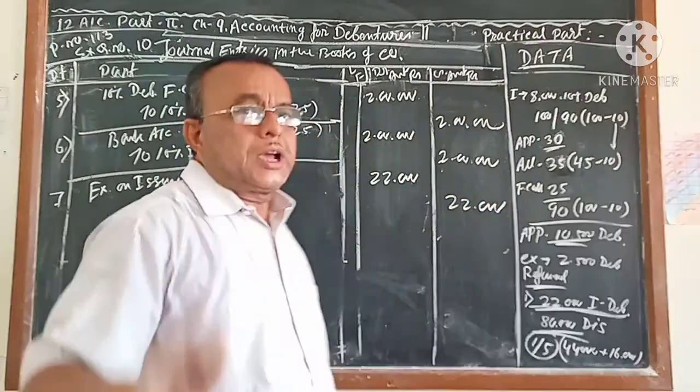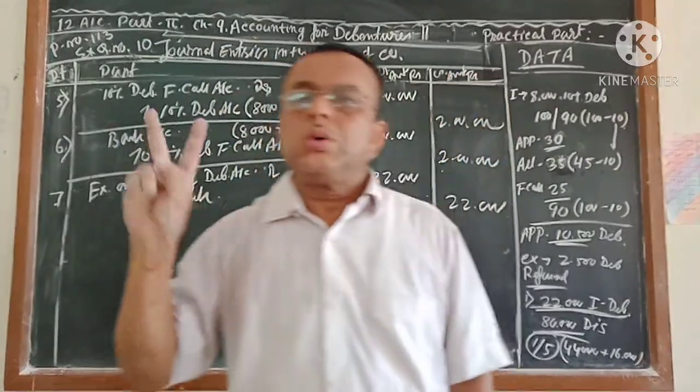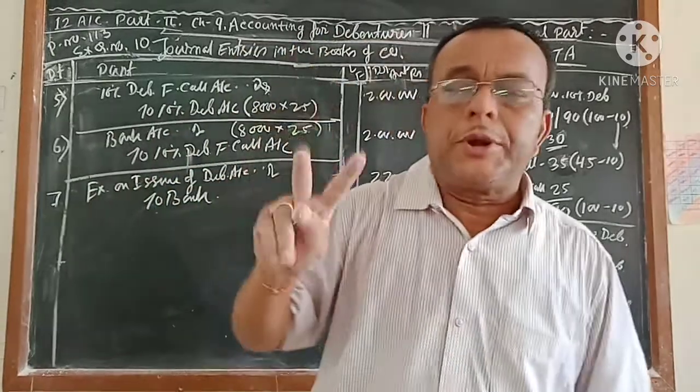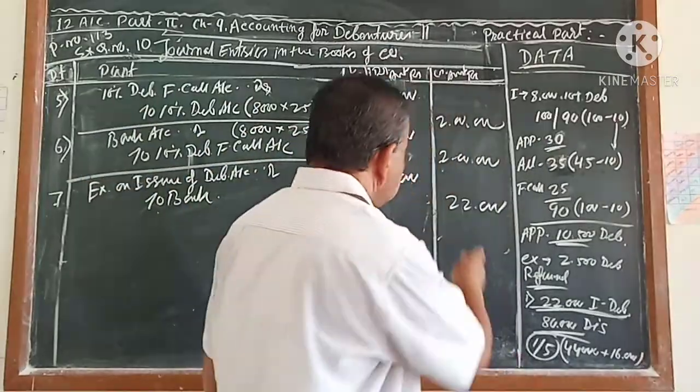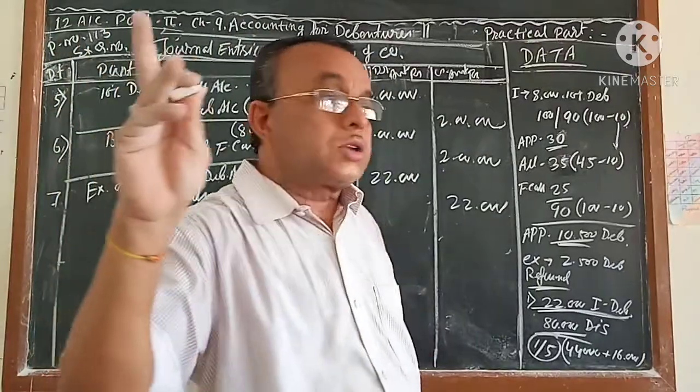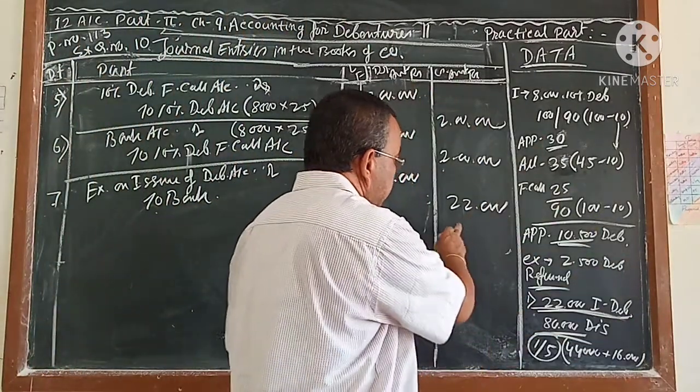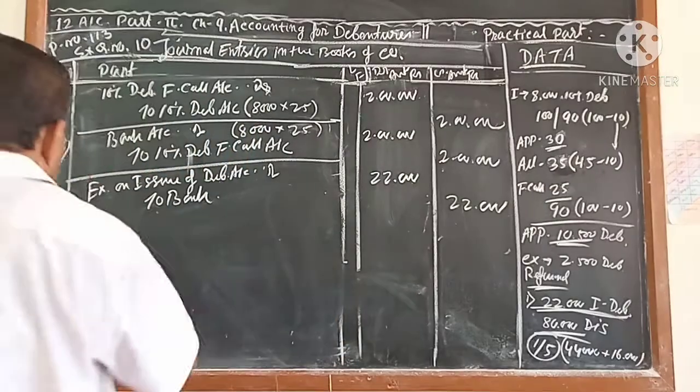Now in the company's books, you got 2 accounts. One is the expense account, that is 22,000, and the company already got one loss, that is 80,000. So 80,000 plus 22,000, these 2 losses the company is having.